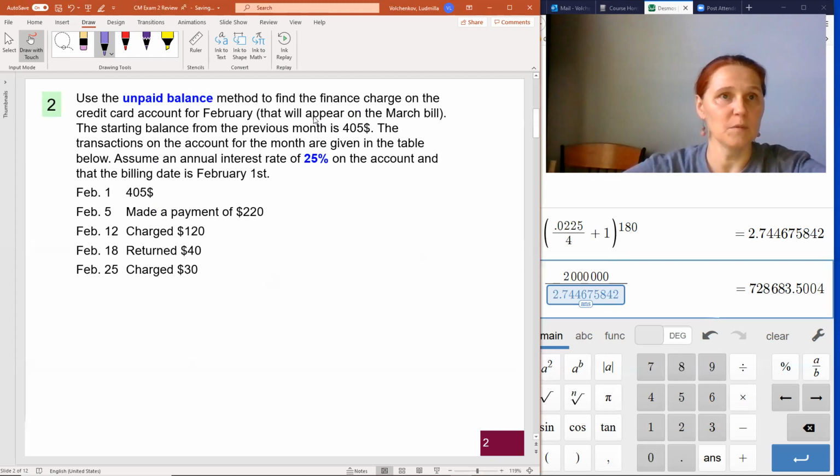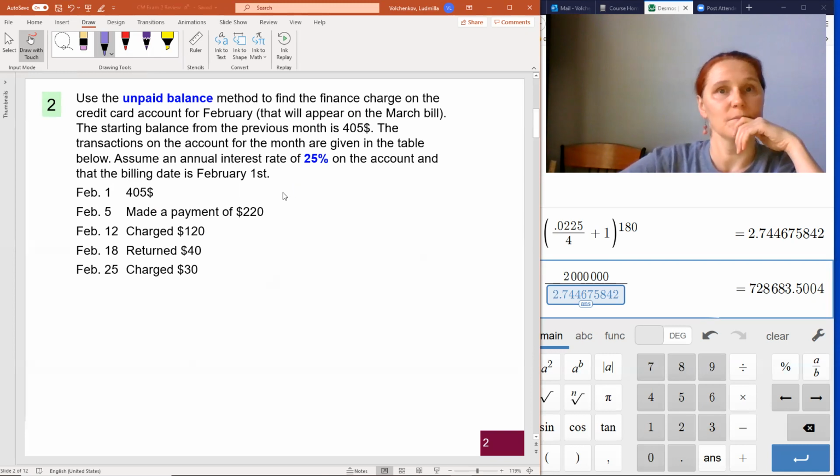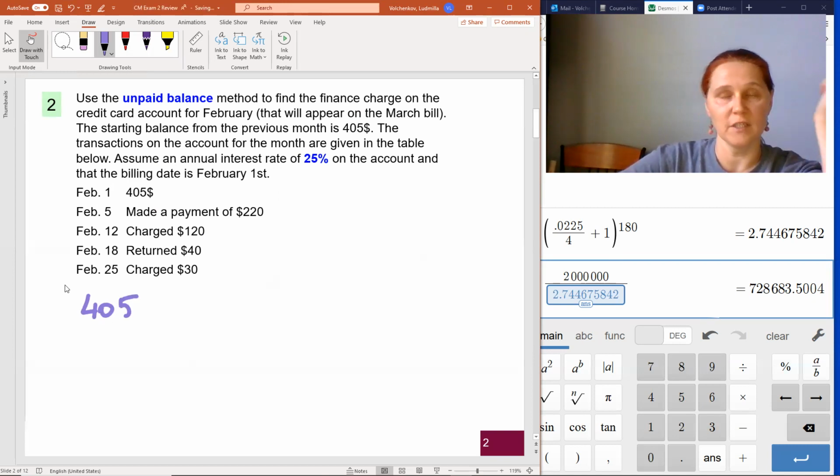The second problem, unpaid balance method. So we start with $405. We need to find the balance at the end of the month, and then we will find the finance charge.